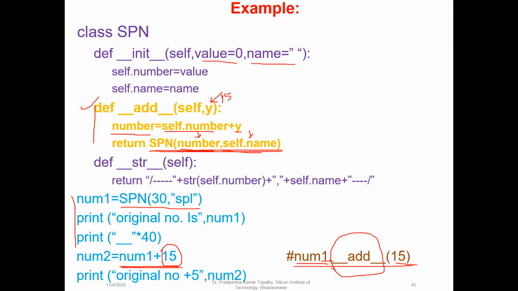So a temporary object is created and that object is assigned to norm2. Now if you print norm2, it will print 45 with the name SPL. Is it understood?